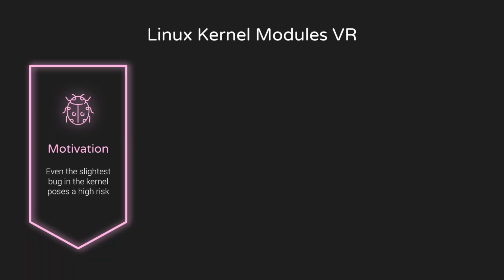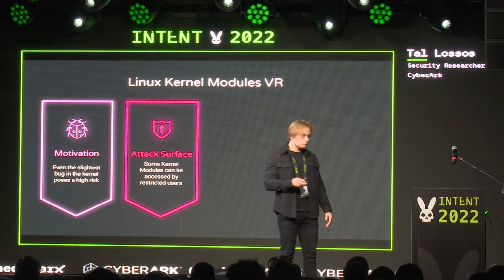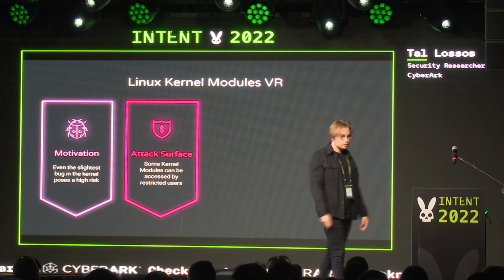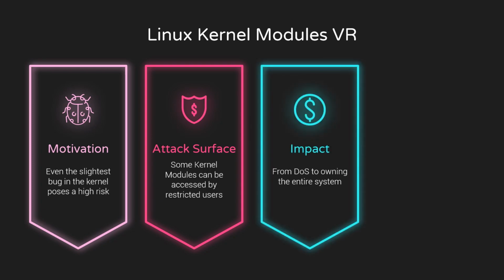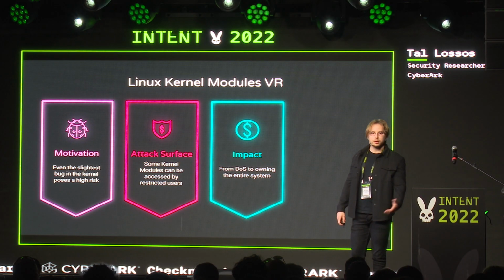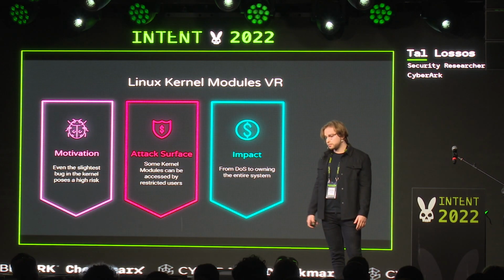And one of the best places to hunt for kernel bugs is in third-party kernel modules, because most of the time they're less examined than the kernel itself, and they're most of the time accessible by restricted users. Exploiting kernel module bugs can have the same impact as exploiting bugs in the kernel itself, from just a generic denial of service to a full local privilege escalation, for example.